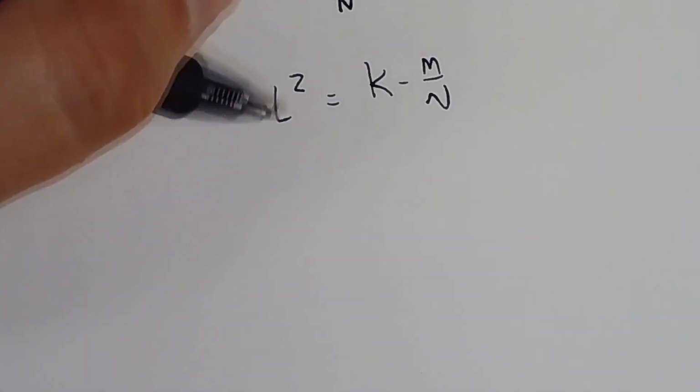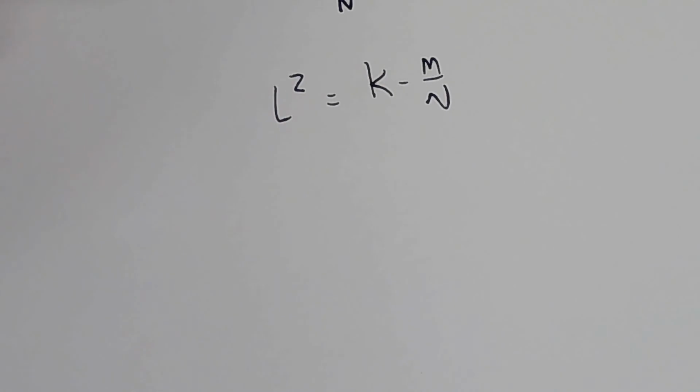So if we have an L squared, the question would be what is the opposite of squaring. The opposite of squaring would be to take the square root.